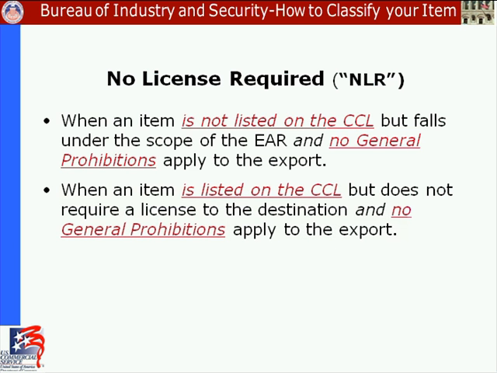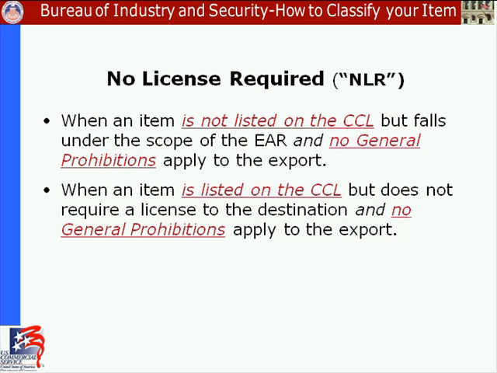Okay, you have to put the NLR in your Shipper's Export Declaration or Automated Export System, AES. Okay? And if you have an ECCN number, you have to put that ECCN number in the AES system.